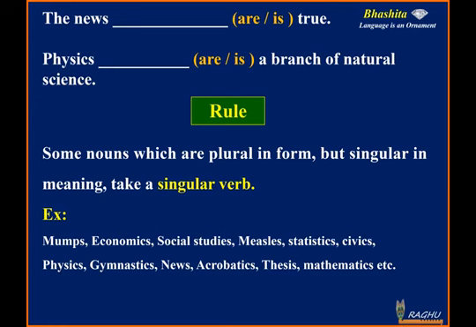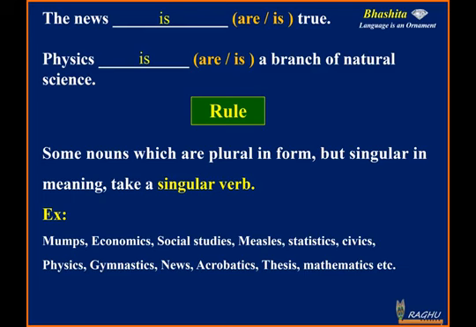They may confuse us like plurals, but they are singular in their form. So they always take a singular verb rather than a plural verb. So according to this rule, what is the right answer? The news is true. Similarly, physics is a branch of natural science.